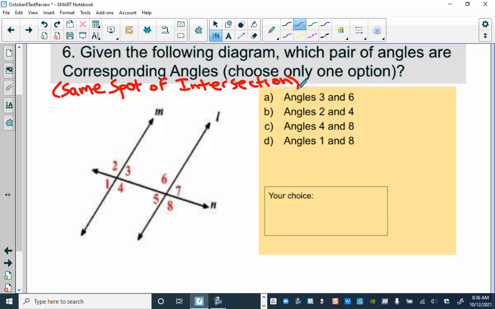Well, would 3 and 6 work? Would they be considered corresponding angles? No. They're not. That's consecutive interior. What about 2 and 4? Would 2 and 4 work? No. They're vertical.